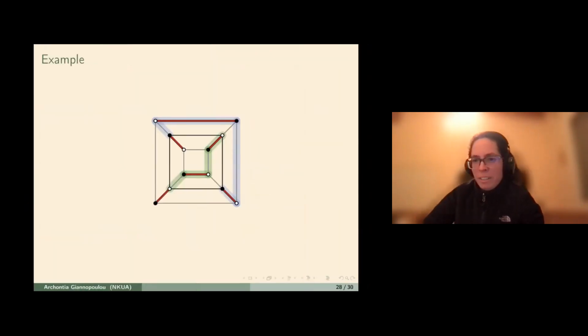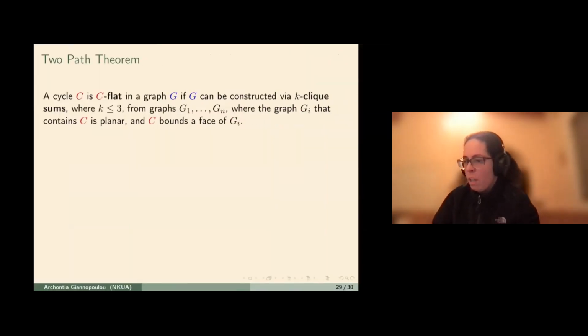Okay, and here is a nicer example. We've got the cycle over here, and we've got the two disjoint paths connecting the cycle. And this cycle, of course, does not bound the face.